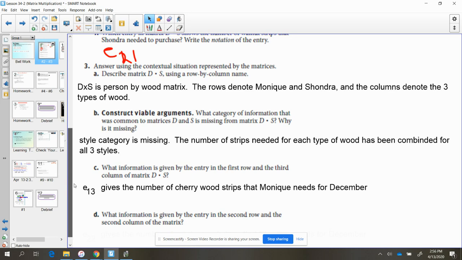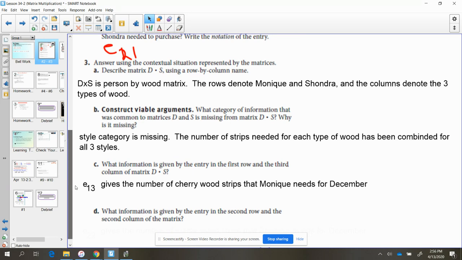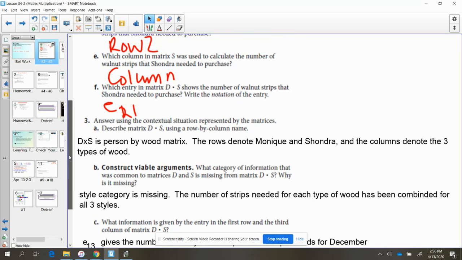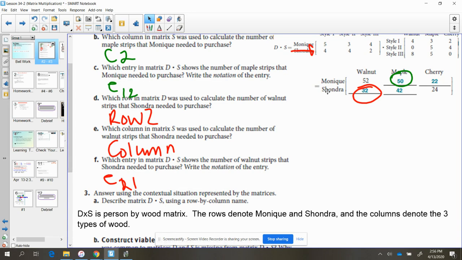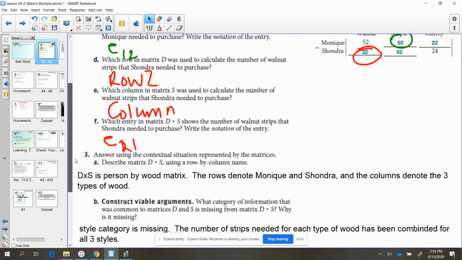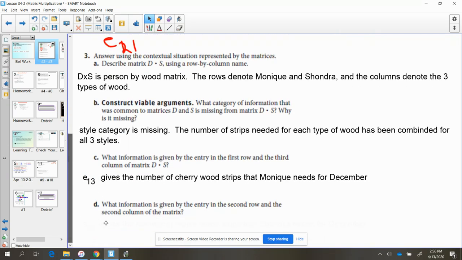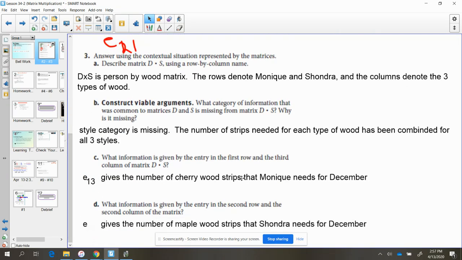And what would the entry in the second row and the second column denote? That's going to be the number of strips of maple wood that Chandra is going to need. And again, we denote that by 2, 2, row 2, column 2.